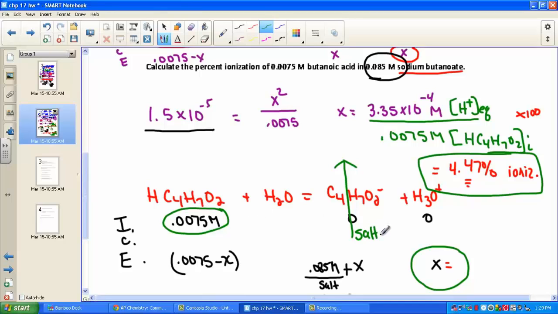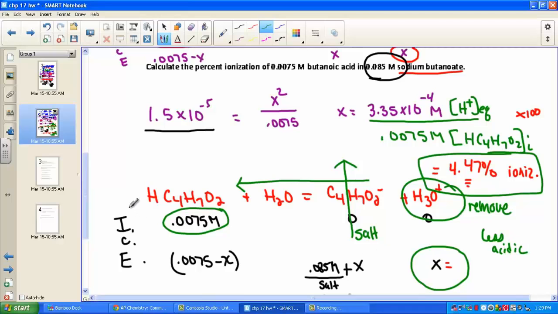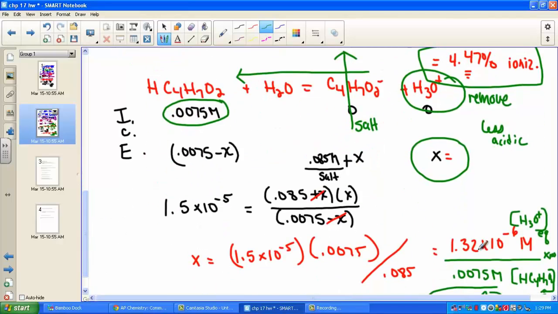We do that by adding a salt that has the same last name as the original acid. That forced the equilibrium left. When we push left, we remove hydronium ions, which of course makes the solution less acidic, which of course makes the solution have a lower percent ionization.